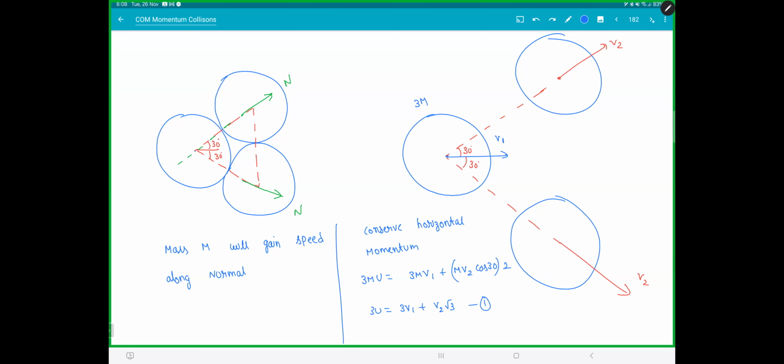Now, how do you apply restitution? Again, ask yourself, in the formula E is equal to (v2 minus v1) by (u1 minus u2), first thing you observe is that it is only between two bodies. So restitution E is applied only between two bodies. You can't apply it between all three at the same time. That is conclusion number one. Second, how did you even solve oblique collisions in the first place?